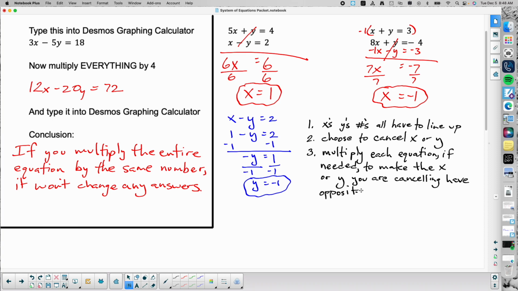Okay, I don't know if you can read that or not. Multiply each equation, if needed, to make the x or y that you are trying to cancel have opposite numbers.